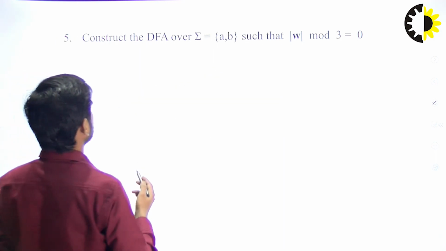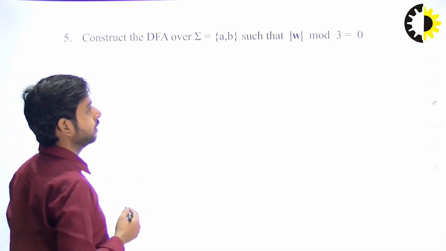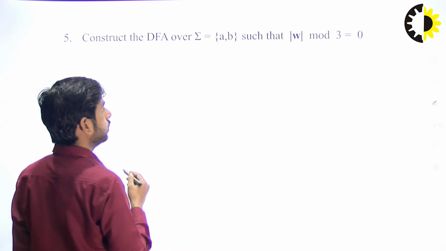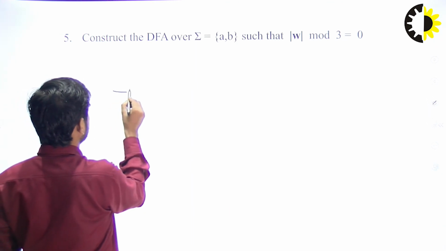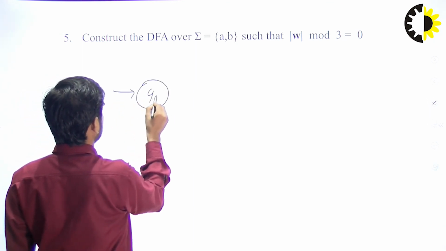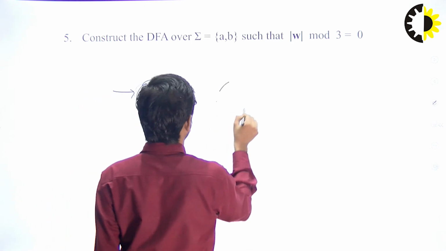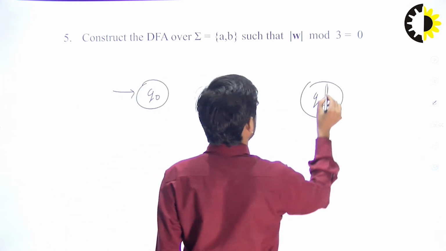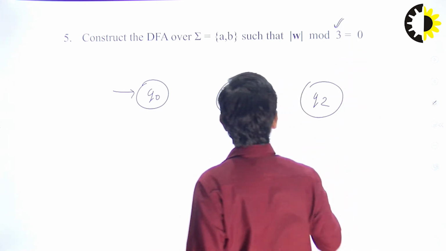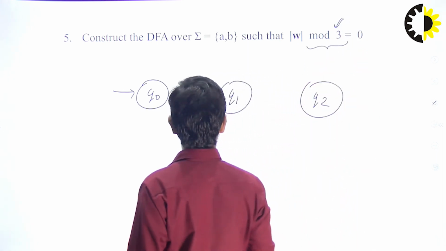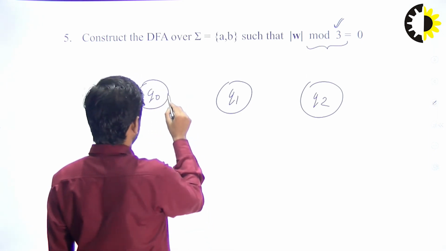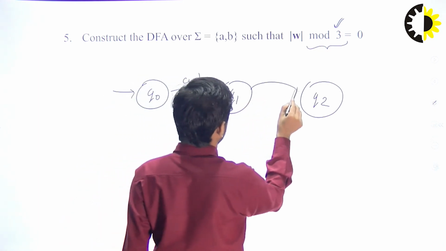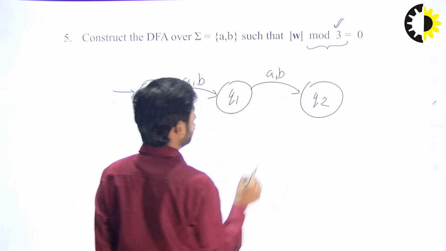Next, construct the DFA over A and B such that |W| mod 3 equal to 0. So Q0, Q1, Q2. Mod 3 means the number of states must be 3 in the minimal DFA. On input A and B it goes to Q1, on input A and B it goes to Q2.